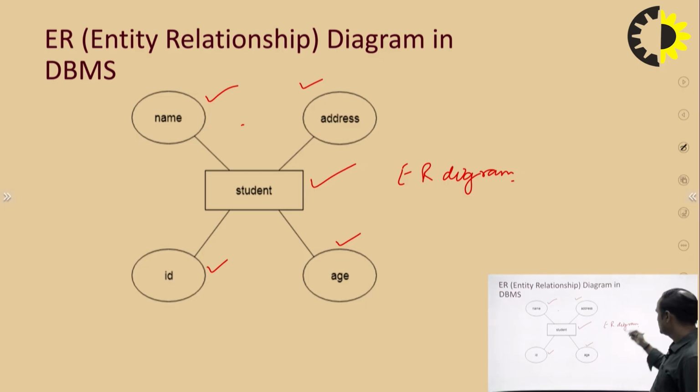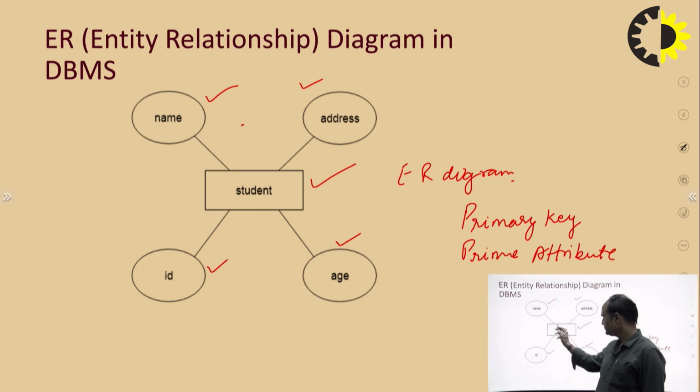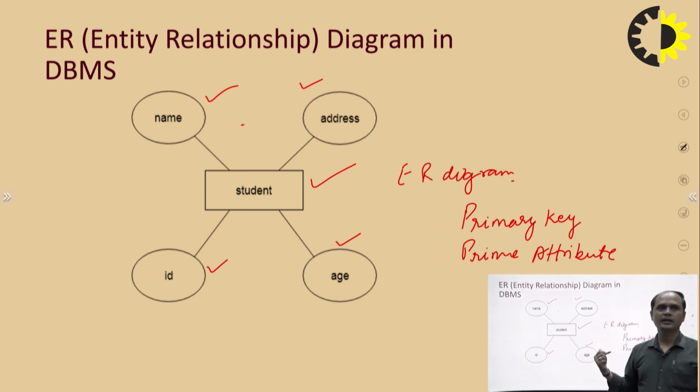In this, there are certain features. One is the primary key, or prime attribute. Primary key is also called prime attribute. In this ER diagram, suppose we have to map the prime attribute of the student entity.